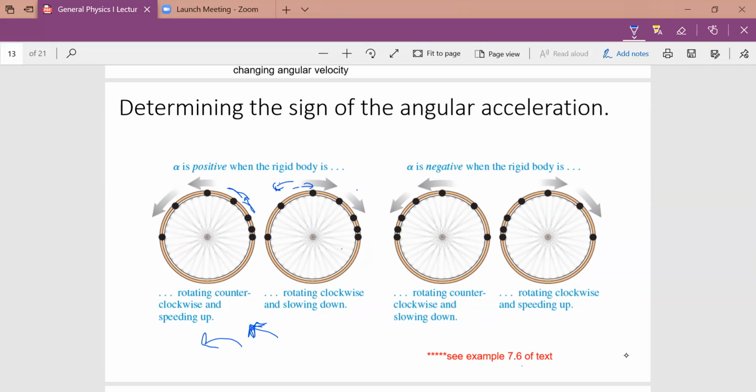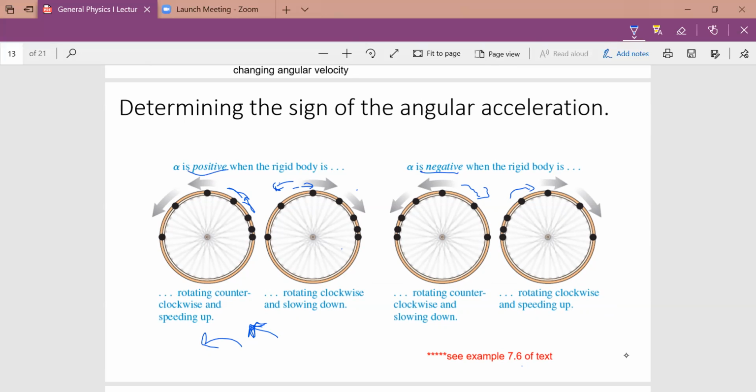Look at the direction of acceleration here. The acceleration is moving this way. So we see when acceleration is taking a clockwise motion, we say acceleration is positive. But when it's going counterclockwise, we say it is negative.